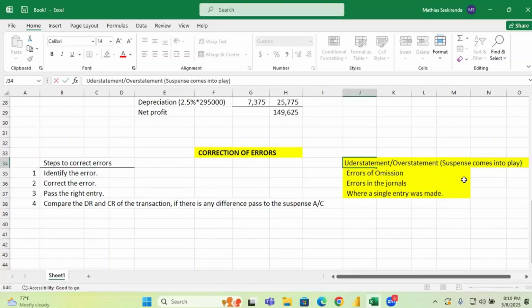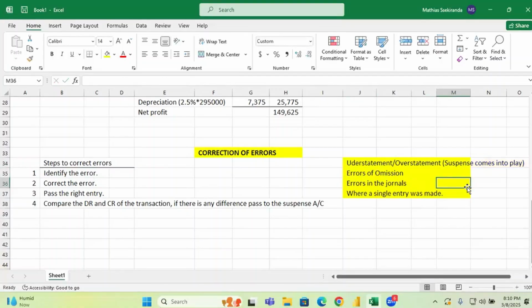For example, if purchases were undercast by 3 million, it means the figure of purchases they took was less by 3 million. So you have to increase purchases by 3 million. Purchases increase by debiting. It means I'll debit purchases to increase them by 3 million, and automatically the credit will be suspense, 3 million. It's what I mean, okay?